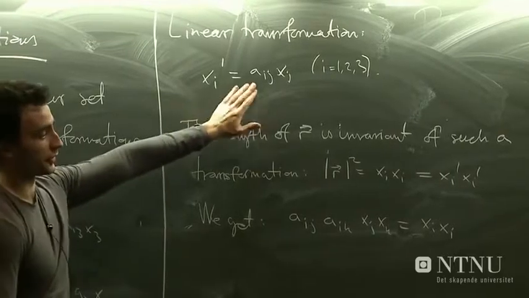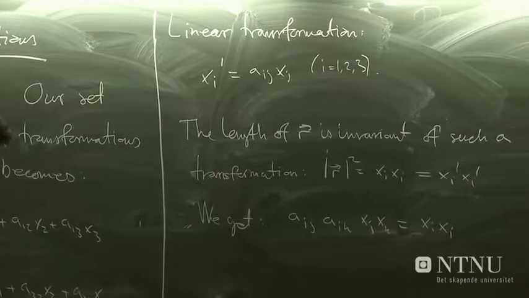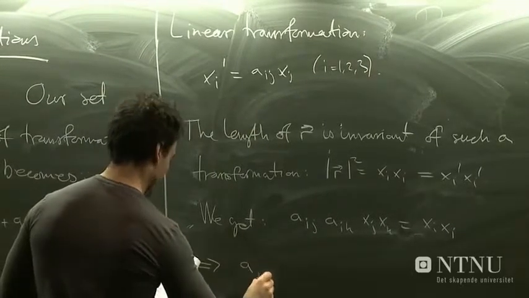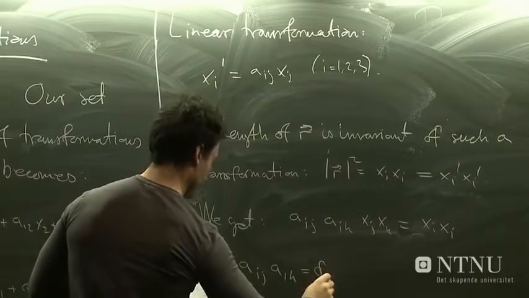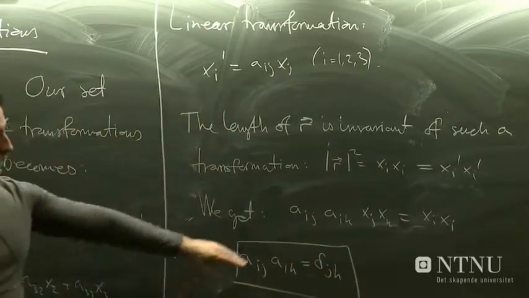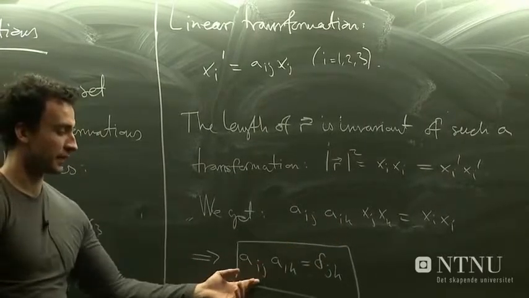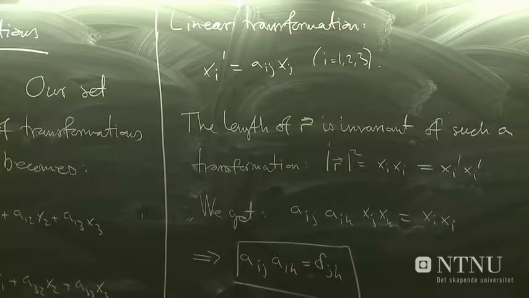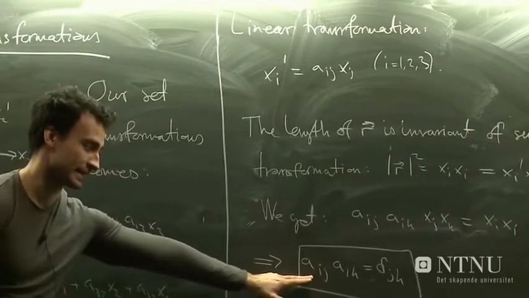So I've just inserted this into here. Now, in order for this equation to be satisfied, we see that these coefficients have to satisfy this. And this is a sum, because we have repeated indices i on this side.